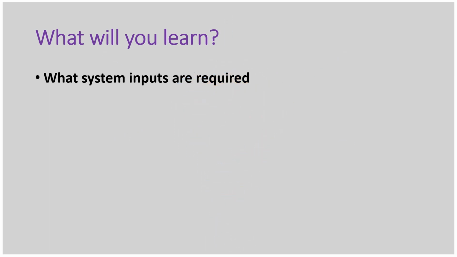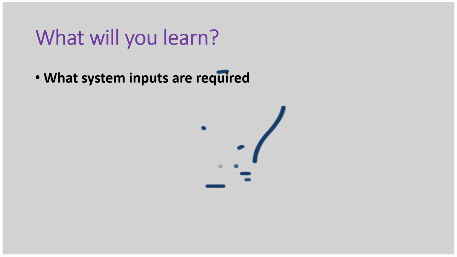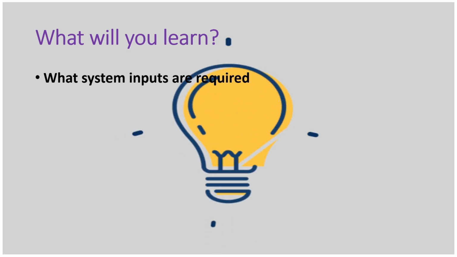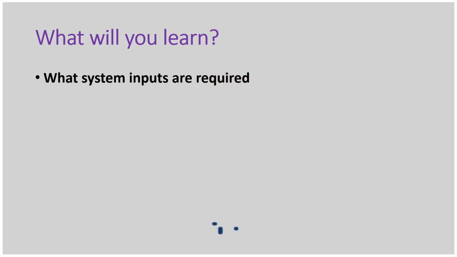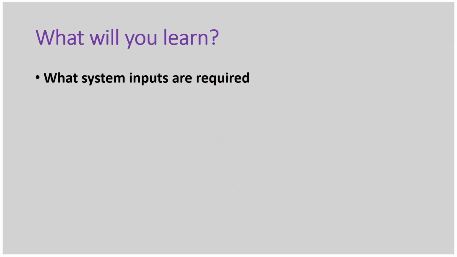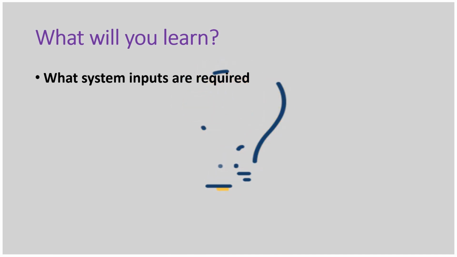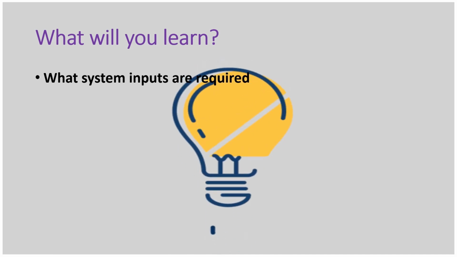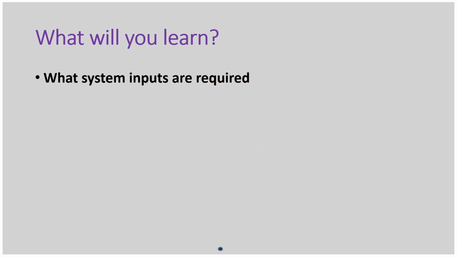What is the system input here? That 10 kg load you want to displace. This is the kind of system input, and many times the system is complicated, so you are not sure what kind of system inputs are required. At the end of this video you will know how this digital engineering tool will help you to know what your system inputs are.